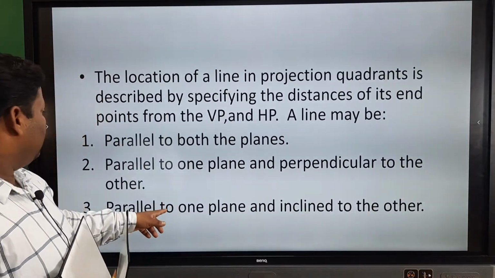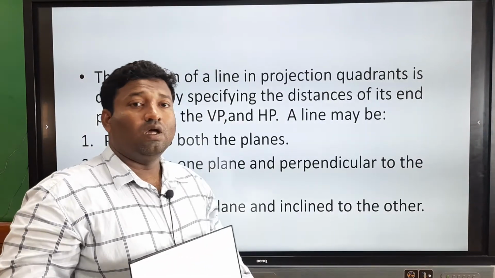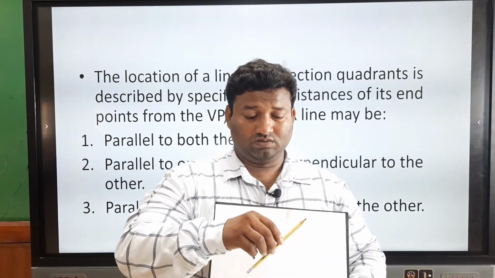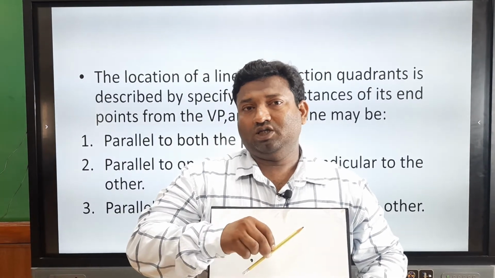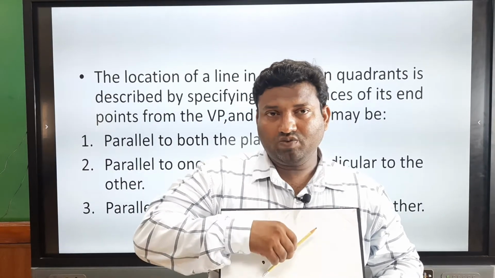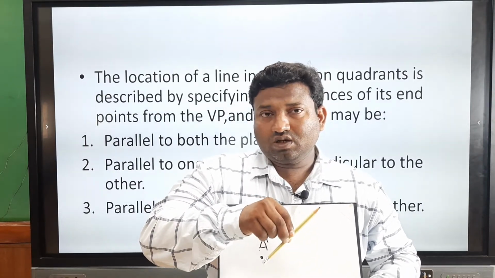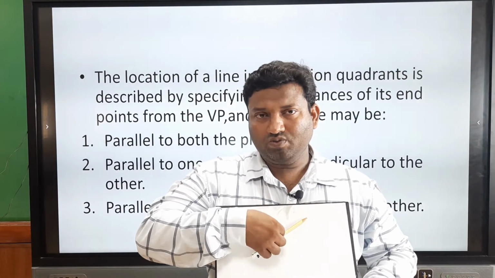Now, parallel to one plane and inclined to the other. If I place the line inclined to the HP, whenever the line is inclined to the HP, it appears on the VP. So the inclined line we can see from the front view, and the true length appears on the VP.